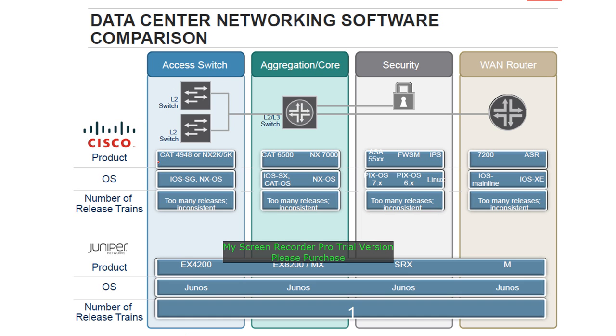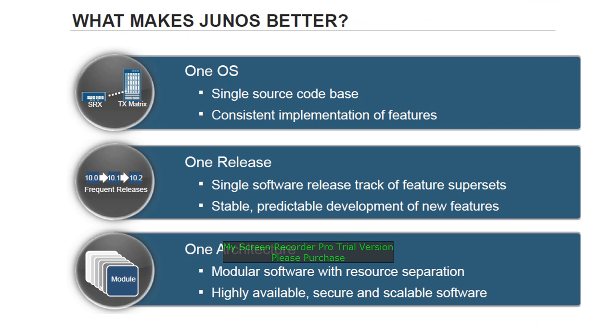There is a different product and a different OS, with too many releases. But if we talk about Juniper, there is the EX4200, which is a switch for the access layer and aggregation layer, the EX8200 which is a virtual chassis, security which is SRX, and WAN router which is the M series. So there is a single Juniper OS, and the number of release trains is only one. This is the best feature provided by Juniper.